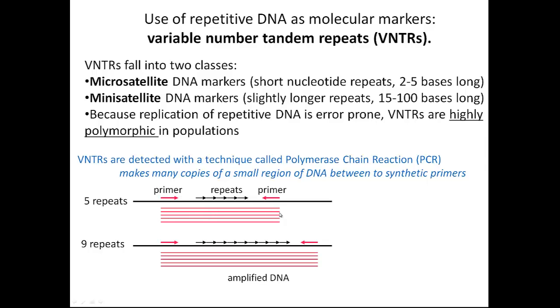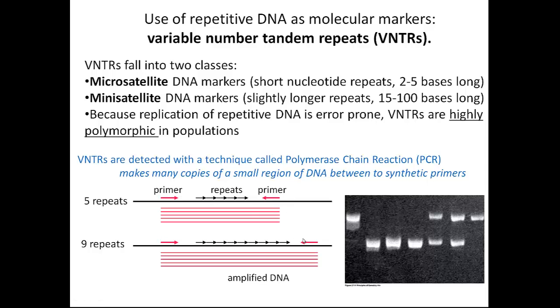And so you end up with lots of copies shown in red here, and the size of those copies is going to tell you how many repeats were found between those 2 primers. So for example, an individual with only 5 repeats is going to have a smaller band on an agarose gel than an individual with 9 repeats, which would be a bigger band. Some people will be homozygous for the smaller size, some people will be homozygous for the larger size, and some people have 1 allele of each of those.